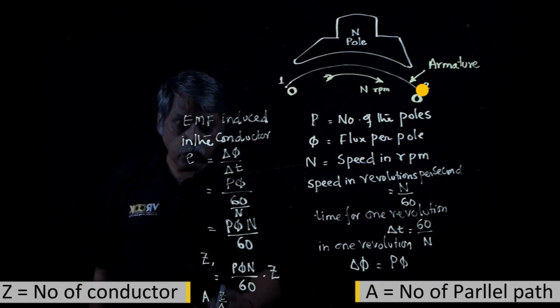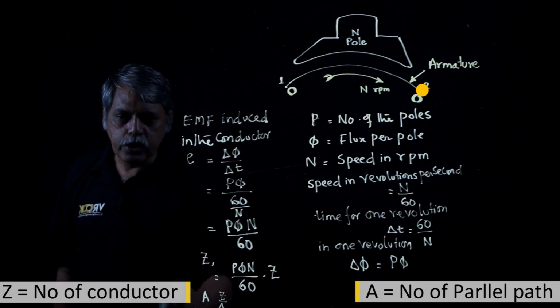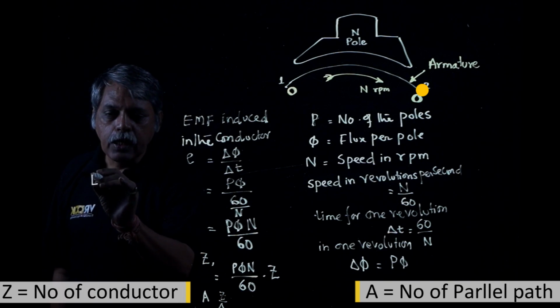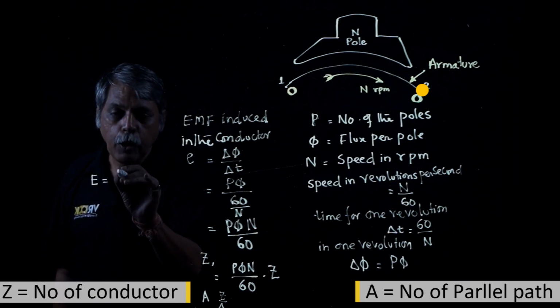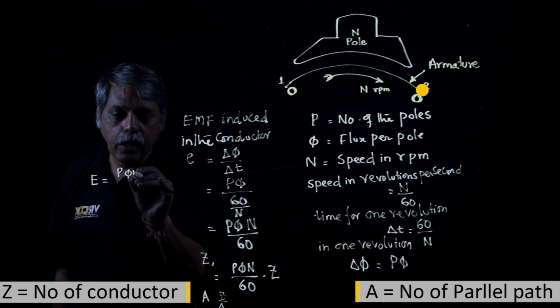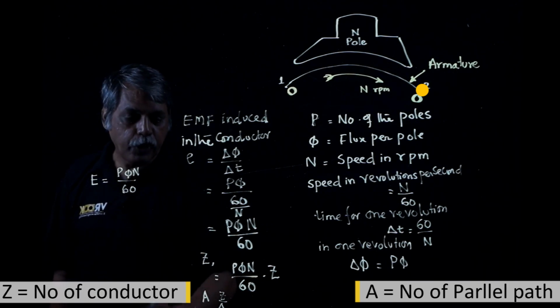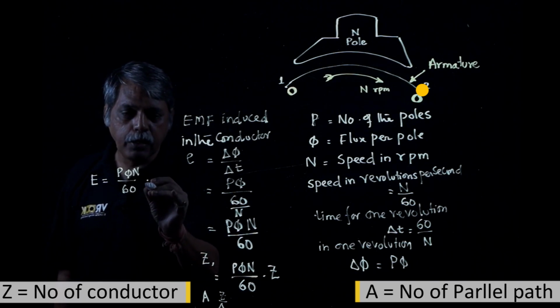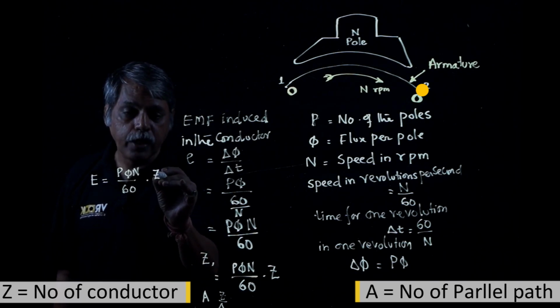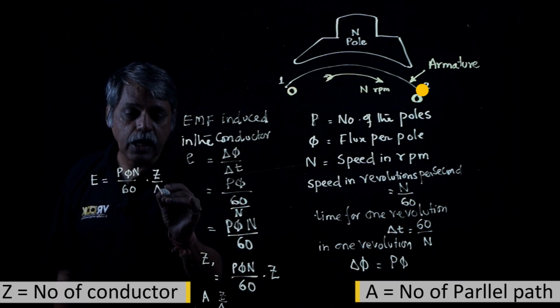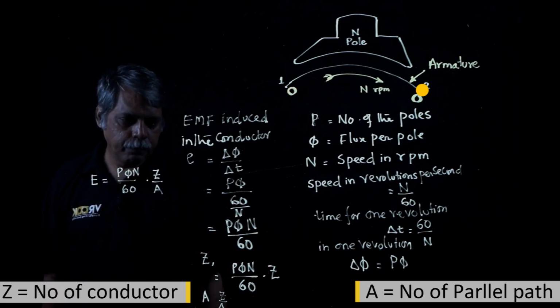So this gives us the induced EMF E equal to P phi N upon 60, that is the EMF induced in one conductor, multiplied by the number of conductors in series in a parallel path.